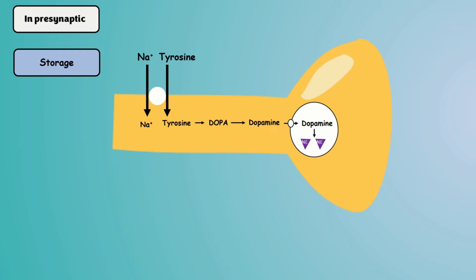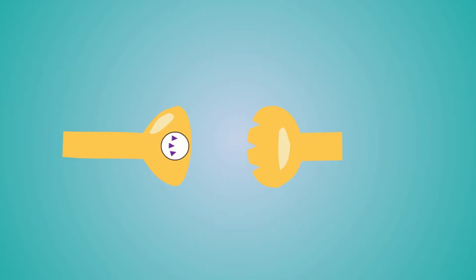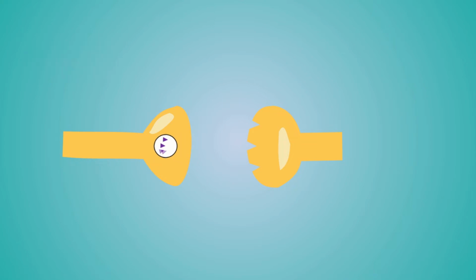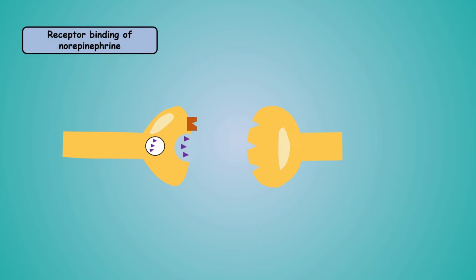Release of norepinephrine. An action potential arriving at the nerve junction triggers an influx of calcium ions from the extracellular fluid into the cytoplasm of the neuron. The increase in calcium causes synaptic vesicles to fuse with the cell membrane and to undergo exocytosis and expel their contents into the synapse.